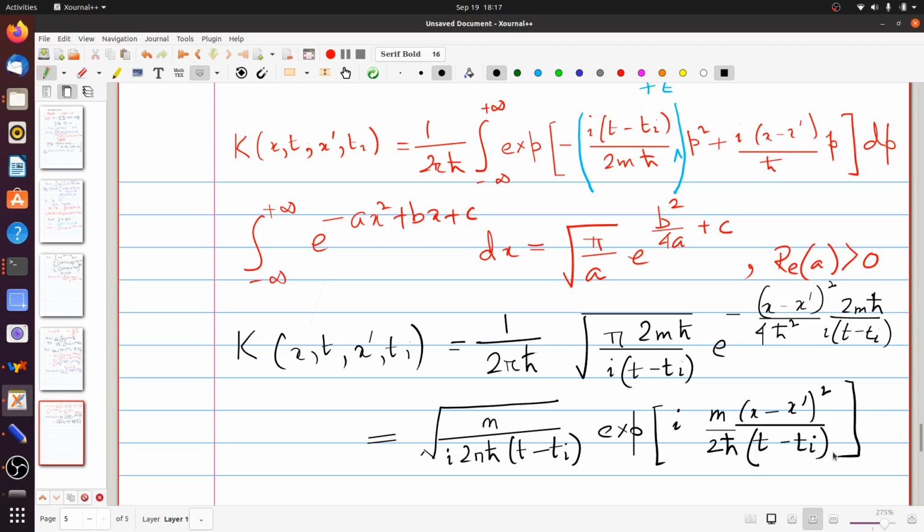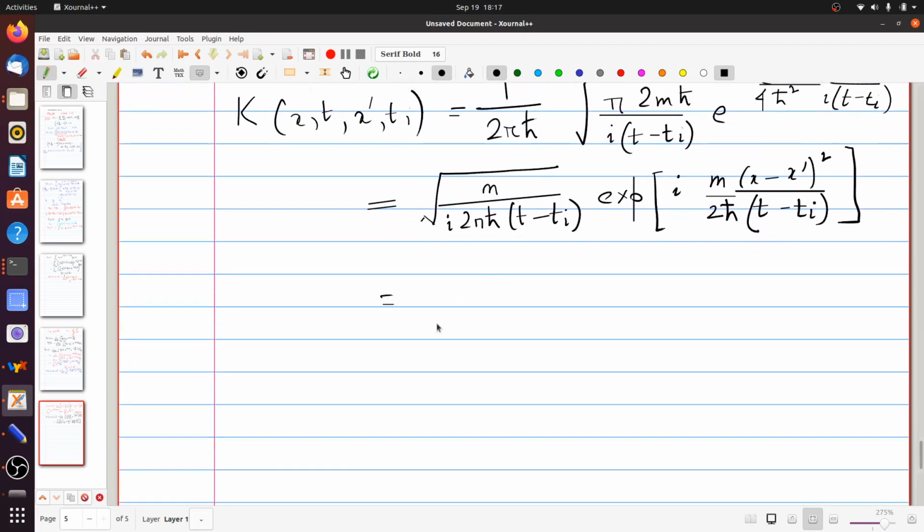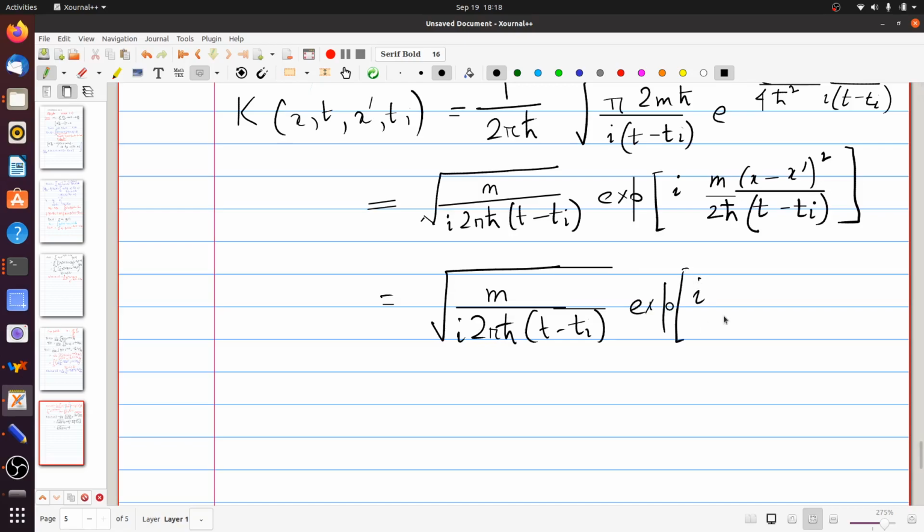Of course, this is actually the kinetic energy times the time interval, which for a free particle is nothing other than the classical action. Action, remember, is the integral of the Lagrangian over time, and because for a free particle the Lagrangian is simply equal to the kinetic energy, which is a constant as time goes by. So this expression that we have here, apart from the i by h cross in front, is nothing but the classical action for the path which takes you from x prime, ti to x, t.